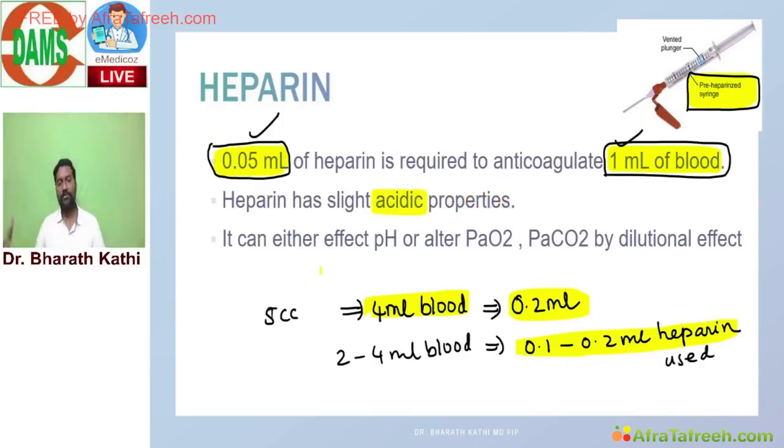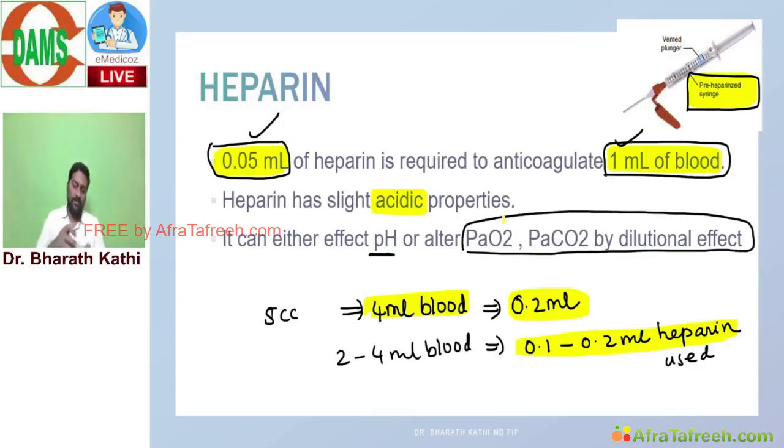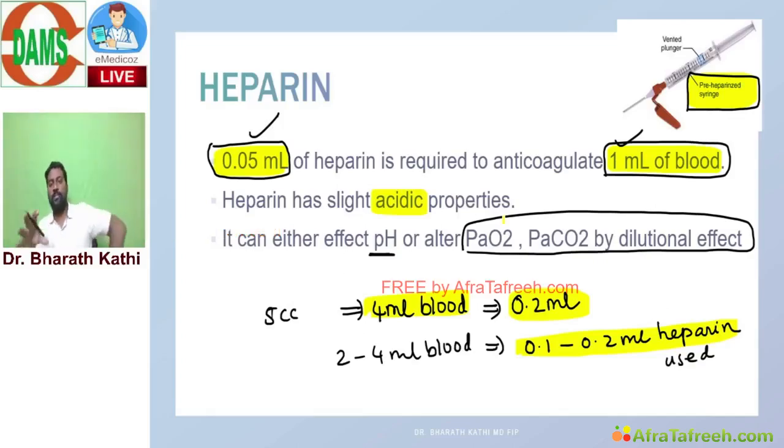Now suppose you have taken 1 ml of heparin, so you have taken more heparin into this syringe. Because of its acidic properties, it can affect the pH. It can also alter PaO2 and PaCO2 by a dilutional effect. Now instead of blood, there is excess heparin, so the solution will be diluted, and the PaO2 and PaCO2 values can alter.